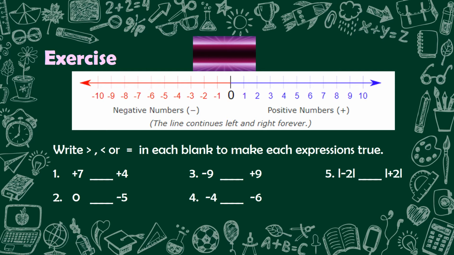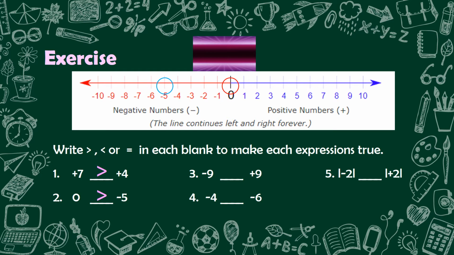For number 1, we have positive 7, blank positive 4. That's right. It should be greater than. So we have positive 7 is greater than positive 4. Number 2, we have 0 and negative 5. That's correct. 0 is greater than negative 5.